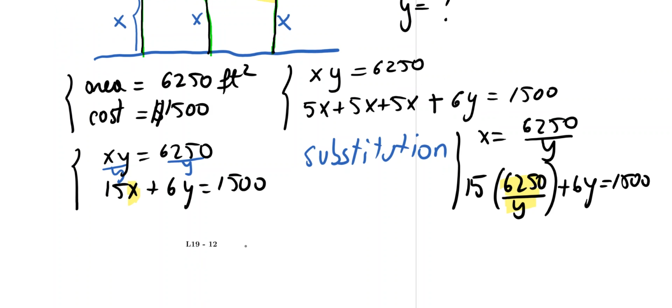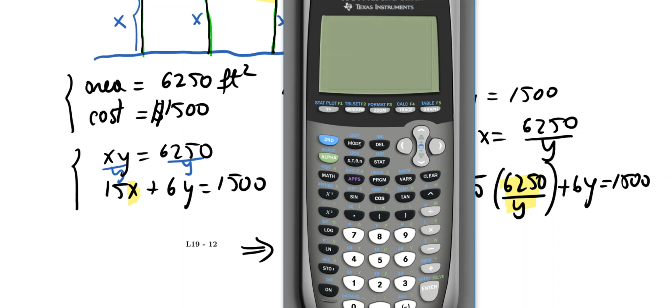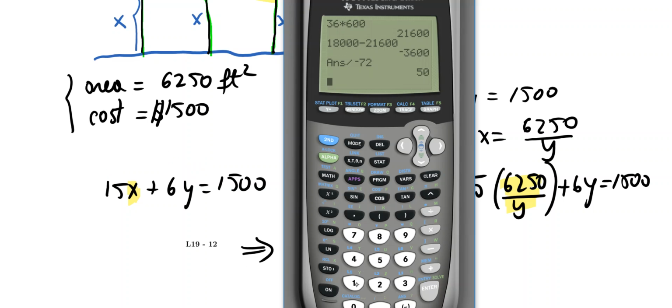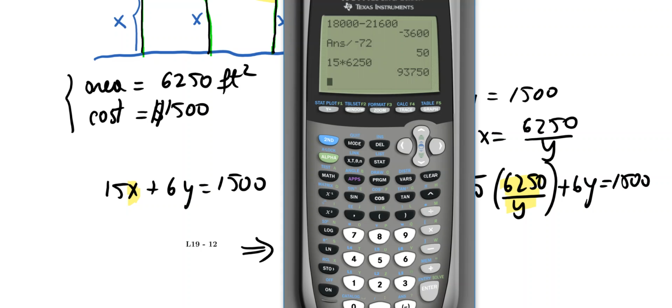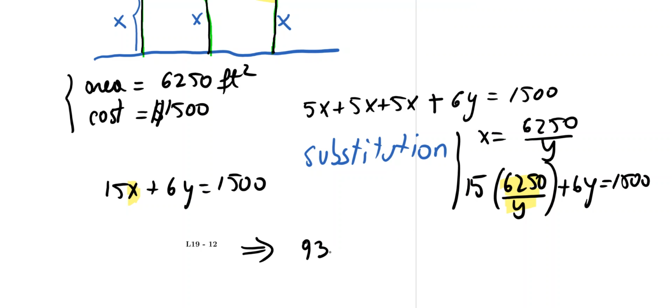So let's solve this. So 15 times 6250 equals 93750. 93750 over y plus 6y equals 1500.